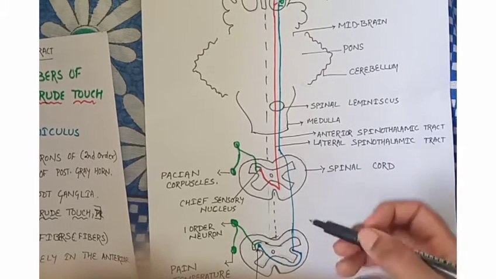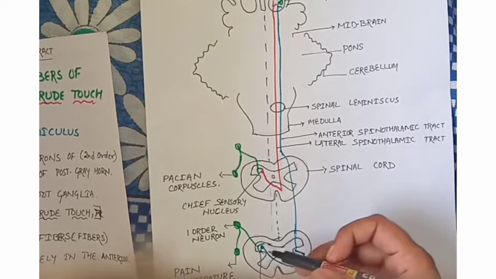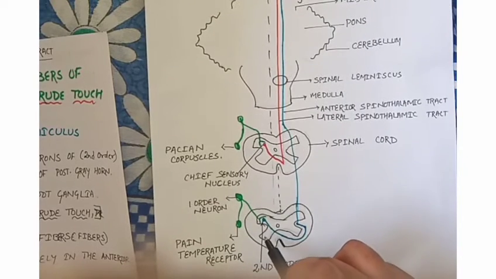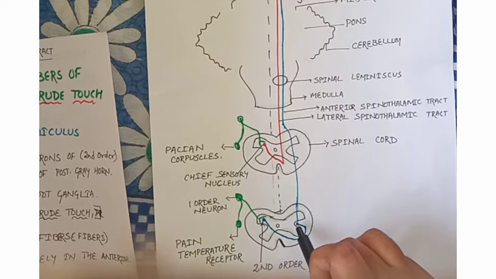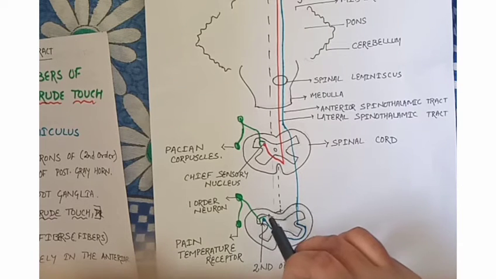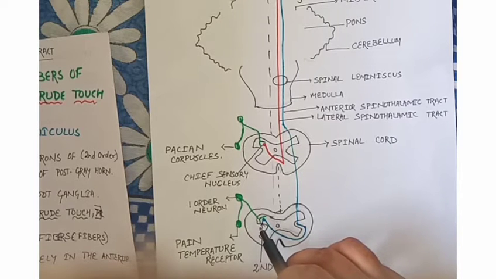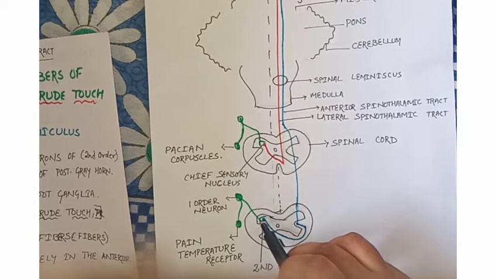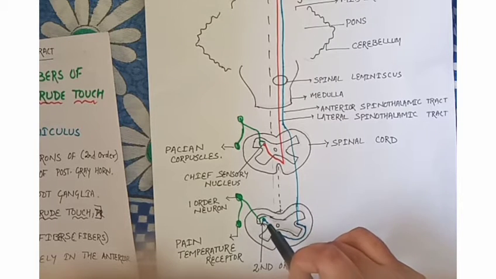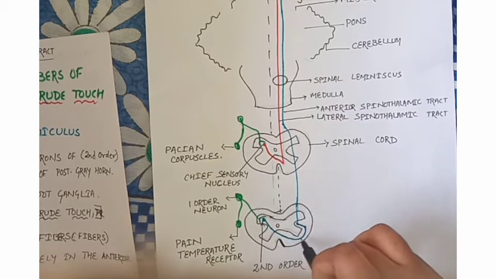It is called anterior because the tract is carried from this side. This sensation comes from the posterior gray horn. This is the posterior part, posterior to anterior.